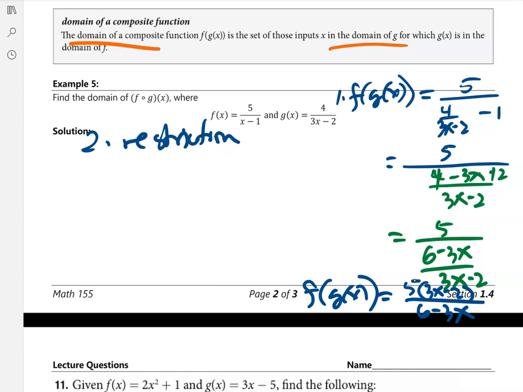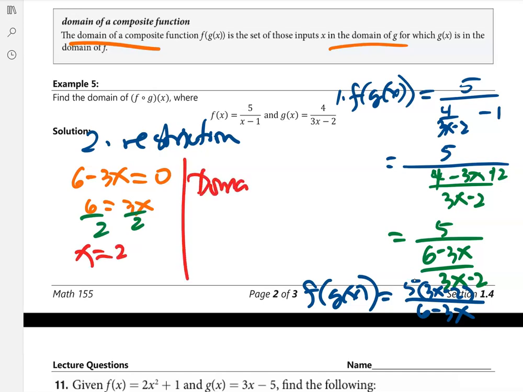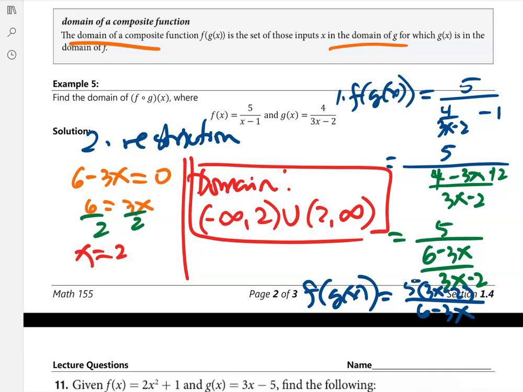So what we do here is set it to 0 and then solve for x. 6 is equal to 3x, and if you divide both sides by 3, x is equal to 2. So the domain cannot be equal to 2. So that's going to be from negative infinity to 2 and from 2 to positive infinity. So that is the domain.